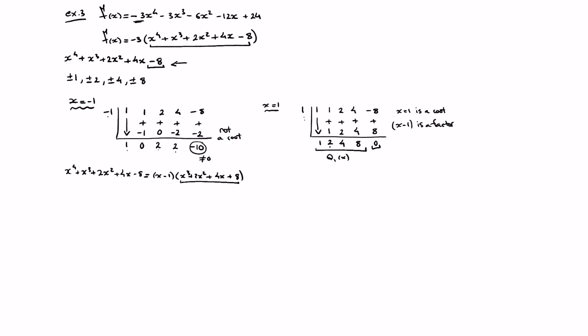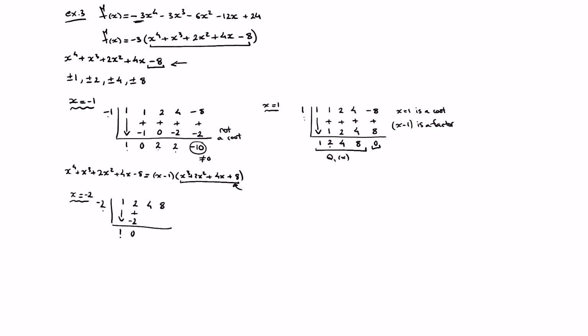So the next one would be negative 2. Remember, we're working with this polynomial q1 of x. Its coefficients are 1, 2, 4, and 8. So carrying down the 1, negative 2 times 1 is negative 2. 2 plus negative 2 is 0.